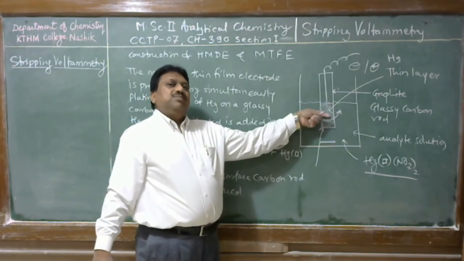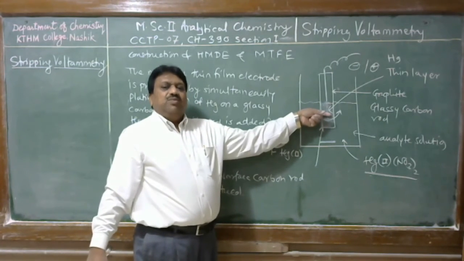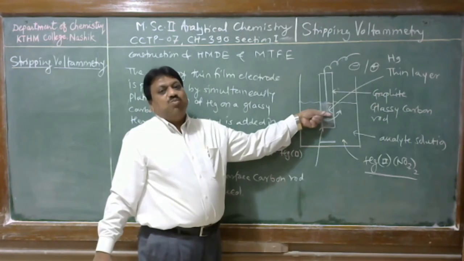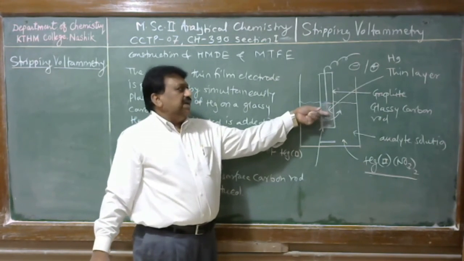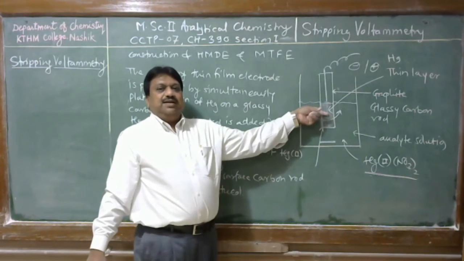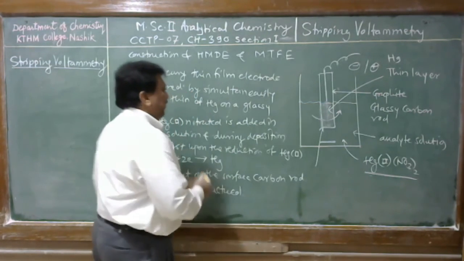But the hanging mercury drop electrode gives more reproducible results when the concentration of analyte is more. These are the advantages of the hanging mercury drop electrode and the mercury thin film electrode.